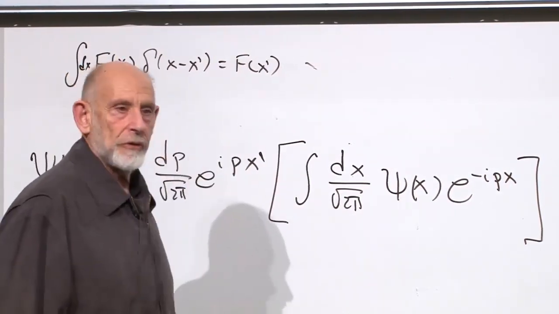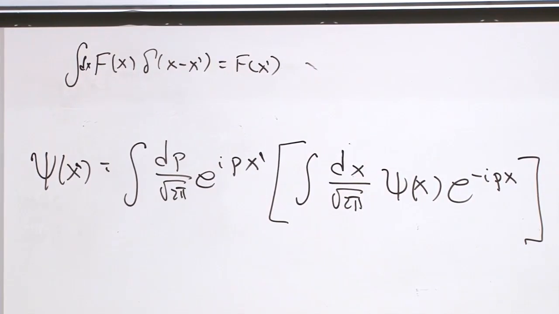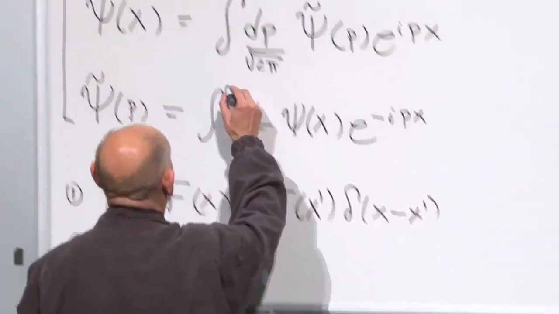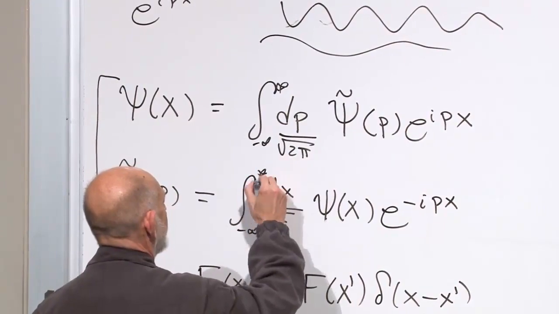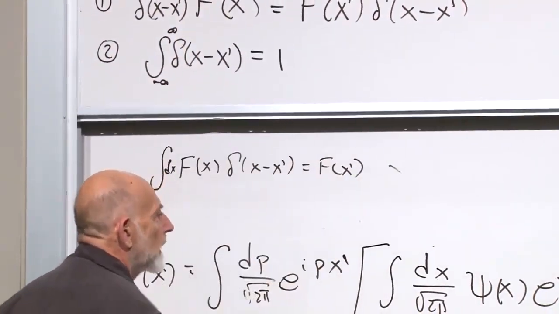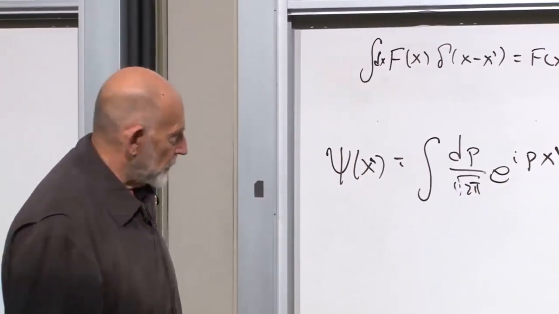Now, integrals are generally insensitive to which order you do them, particularly if they're integrations from minus infinity to infinity, as they are here, both of them. If they're well-defined and they converge, then it doesn't matter which order you do the integrations.